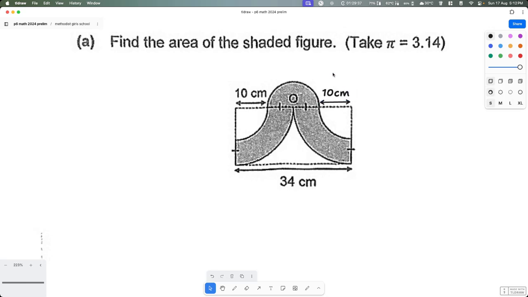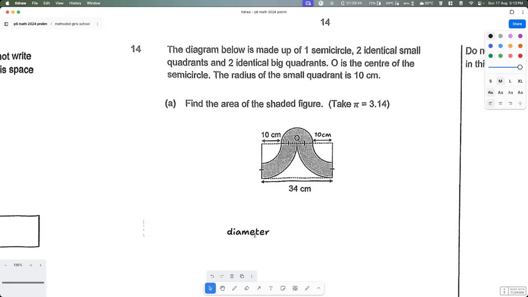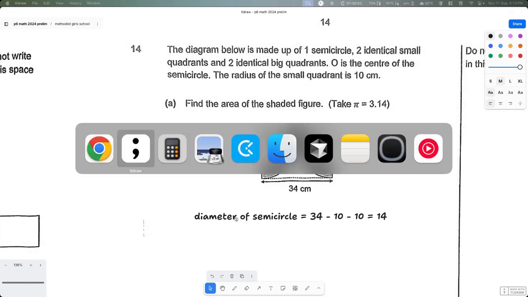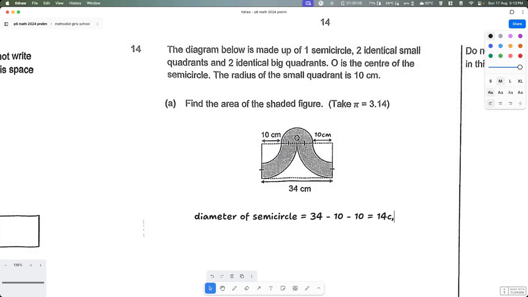Since this is 10 and 10, that means the diameter of the semicircle is equal to 34 minus 10 minus 10. This will then become 14. Let's double check. 34 minus 10 minus 10 is equal to 14 centimeters. So 14 centimeters will go over here.